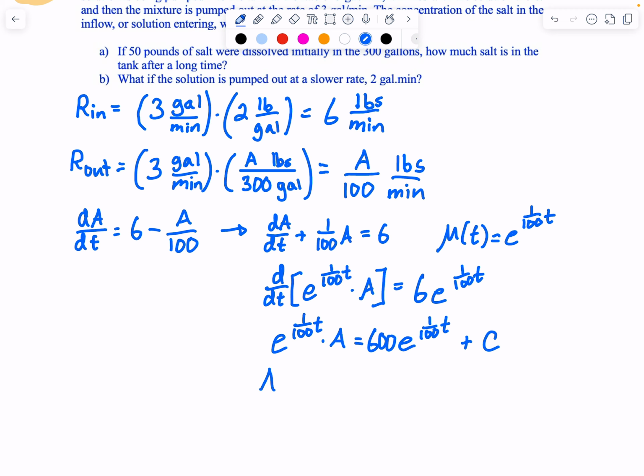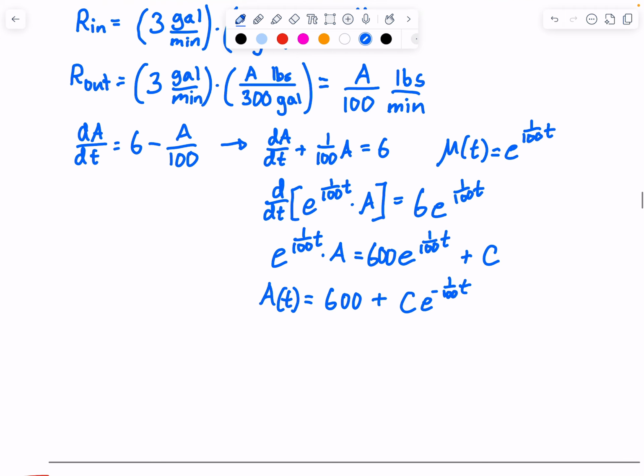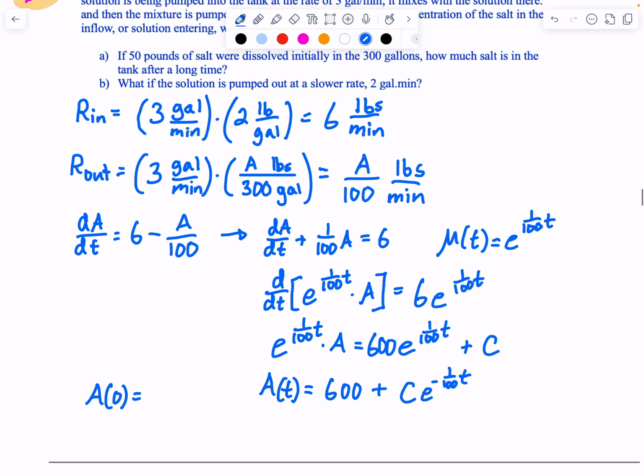All right, so we have our equation now, A of t. I just changed A with that in there. And I'm going to get 600 plus C e to the negative 1/100th t. They did give us an initial condition. Sorry, that was my dog barking. The initial condition is when time is 0, they told us in A, we have 50 pounds of salt that were dissolved in the 300 gallons.